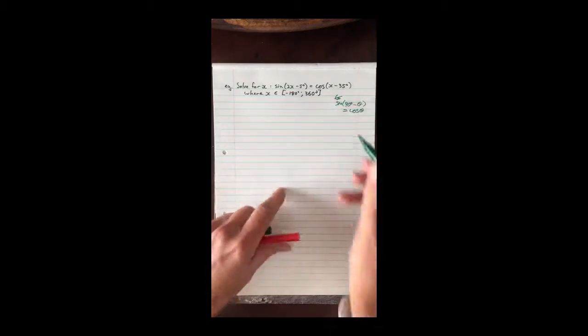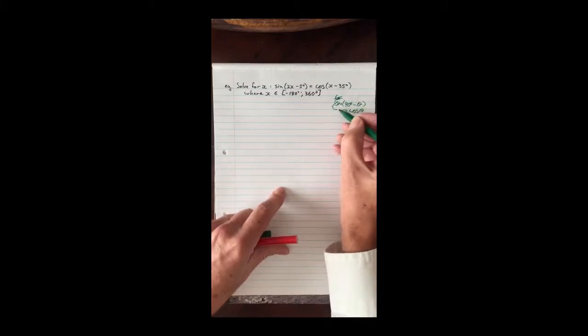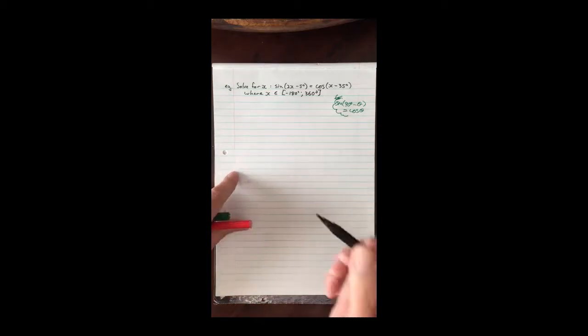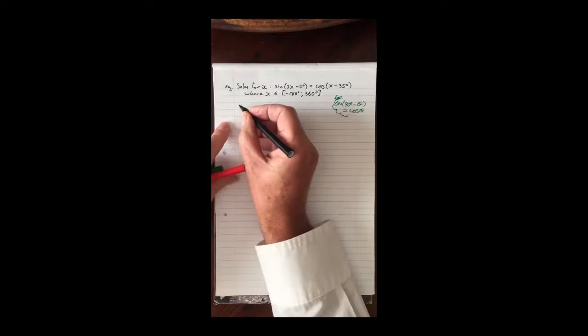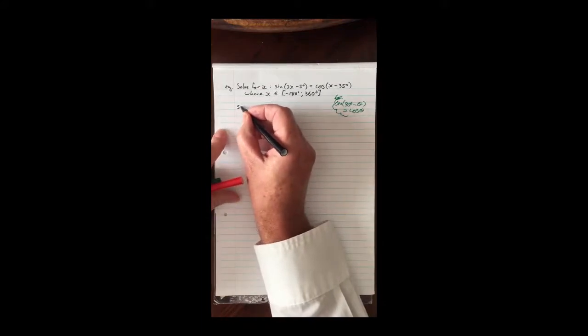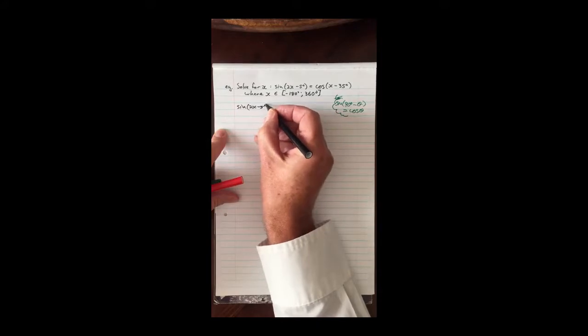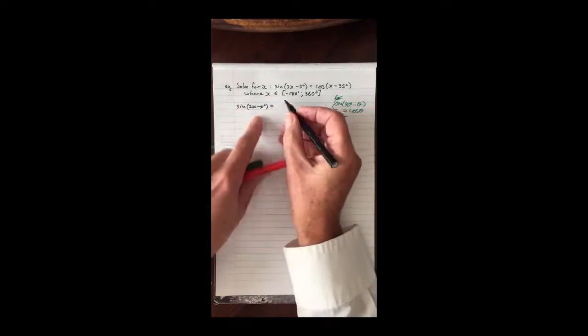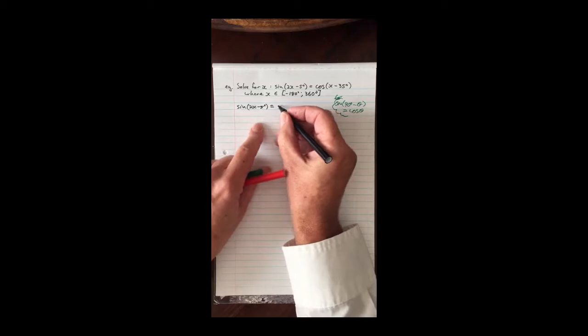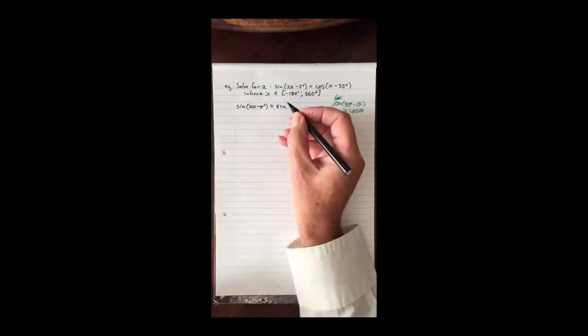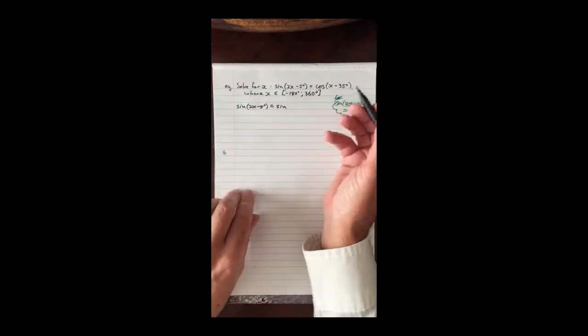Let's work with that and see if that can bring us some light to this problem. So let's write the sine of (2x minus 5) is equal to, let's write the cos in terms of sine, making use of my co-ratios.